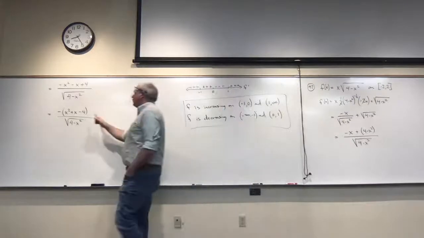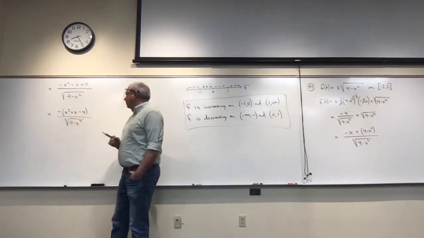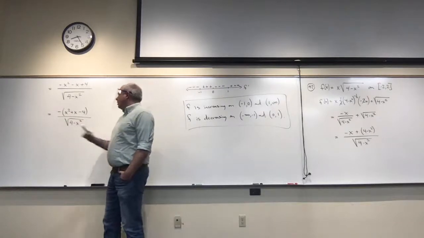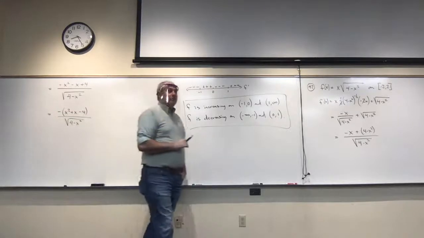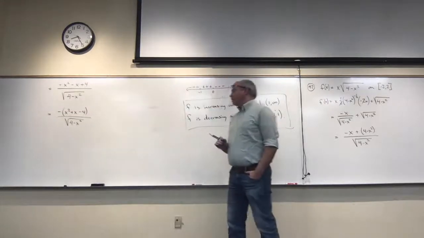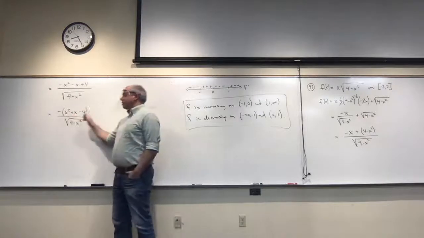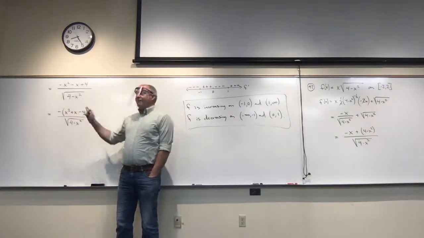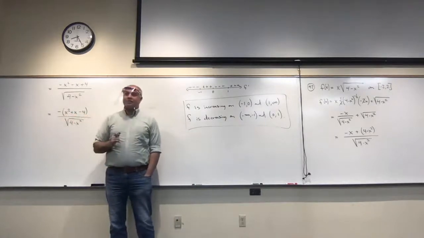But I don't see any really nice way to factor the top. The bottom, it's obvious what makes the bottom 0. So those are two obvious critical values. But the question is, are there any more critical values on the top? If you can't factor it, how would you find the two things that make the top 0?